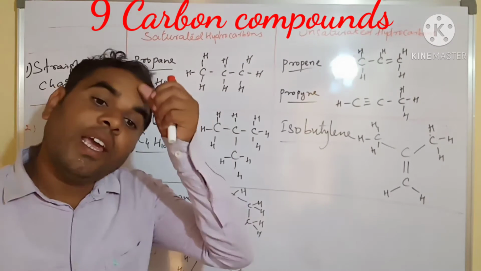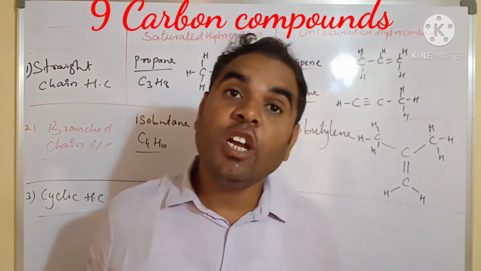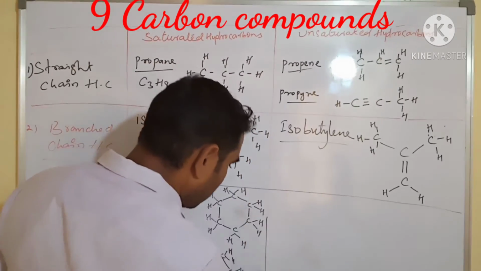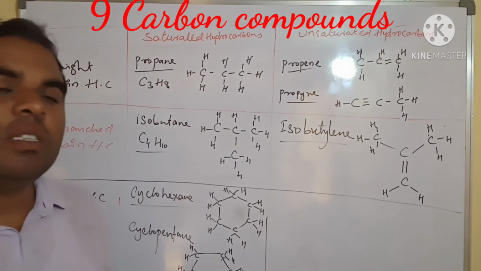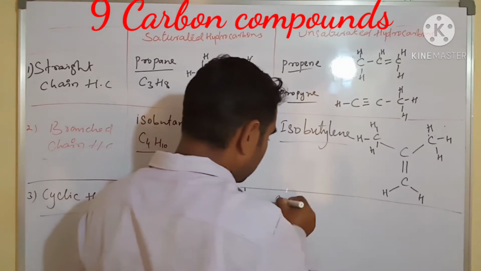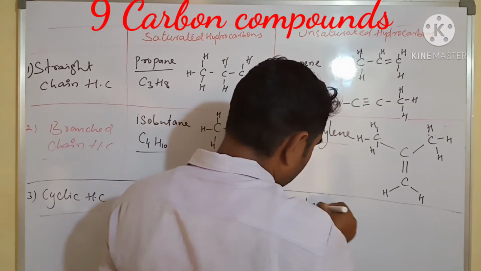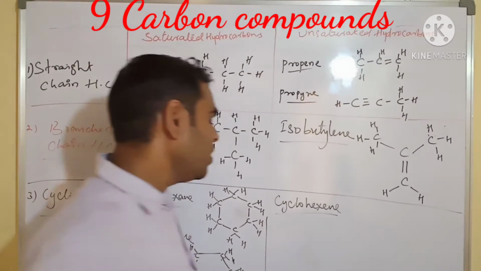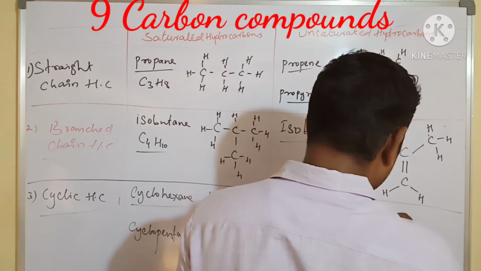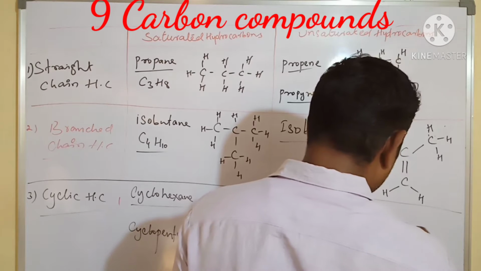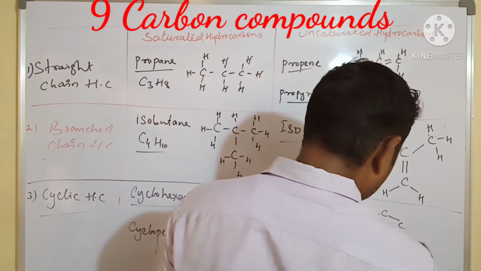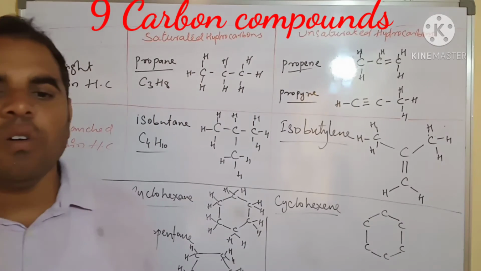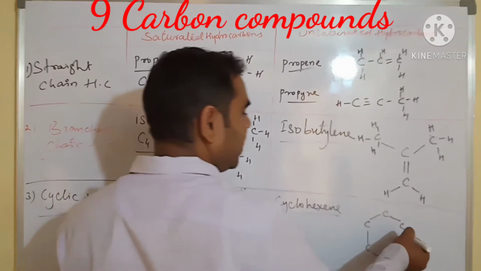Next, cyclohexene, which we see in unsaturated hydrocarbons. For cyclohexene we write the same structure, but here there is a double bond.